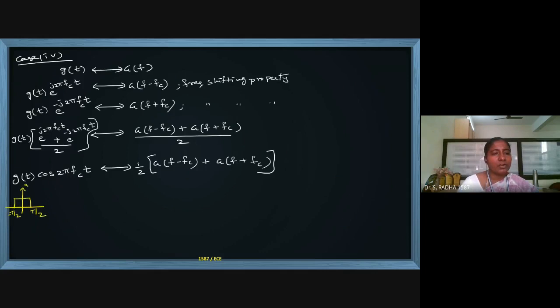This is G of t diagram. Let the height be 1. Now, G of f minus fc. Already we had the G of f diagram from case 2.